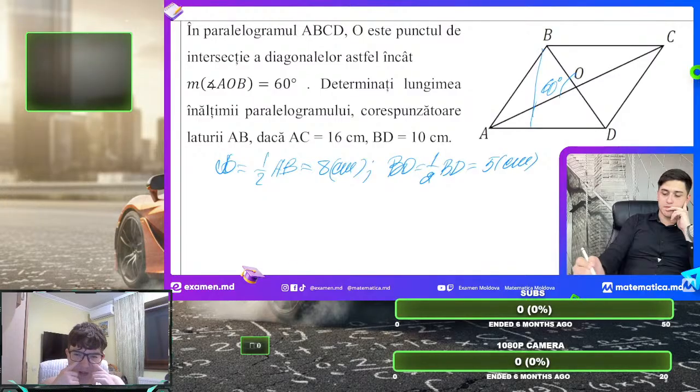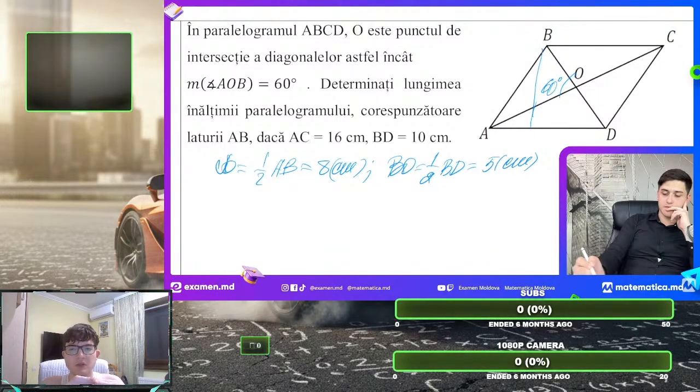So we have the diagonals, and we have to understand what AB is. Basically he wrote down that half of the diagonals is BO and AO, so we have that. But we cannot apply Pythagorean to find AB, as we do not have a 90-degree angle right there.